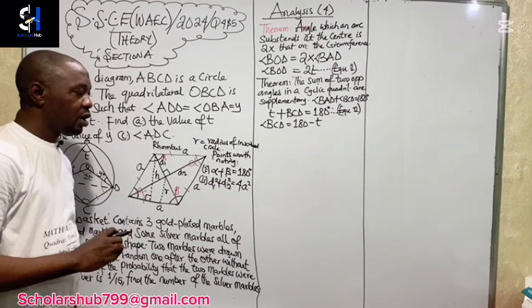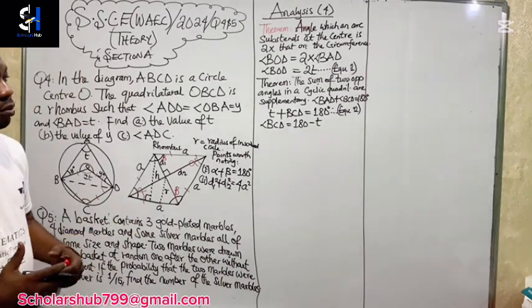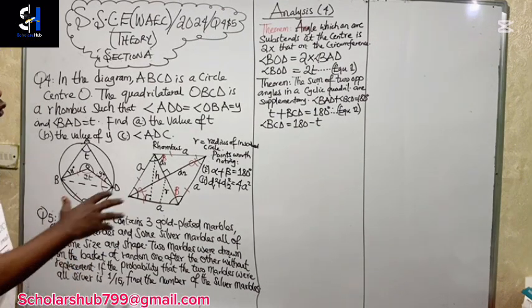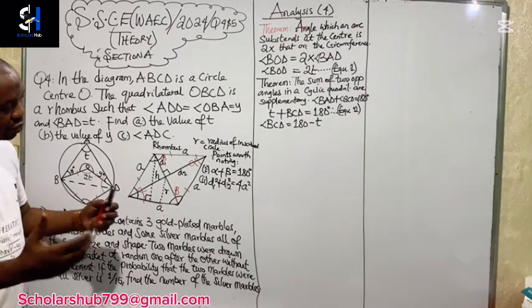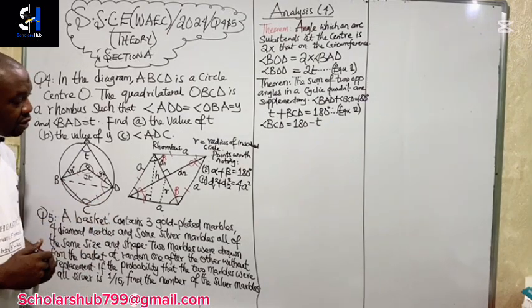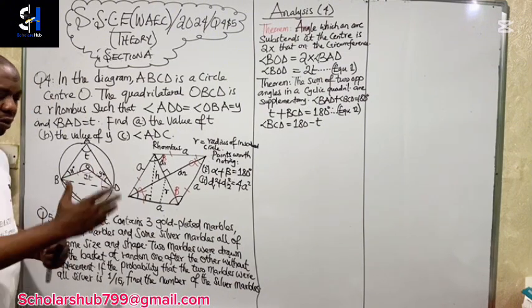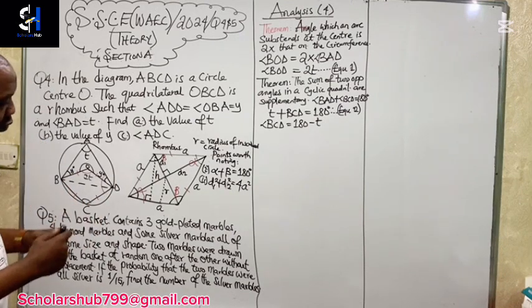There's no formula we use in mathematics that does not have proof. There are theorems to prove all of this. Maybe in some of the videos I'm going to release in the coming days, I'll be showing proofs of some of these formulas. All right, that's for now.